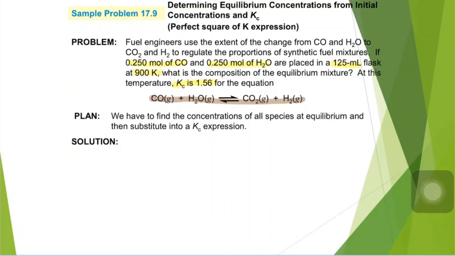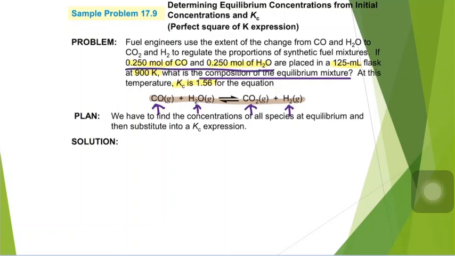Okay, so the question wants us to calculate the composition of the equilibrium mixture. That means we have to calculate the concentration of CO, H2O, CO2, and also H2 at the equilibrium.